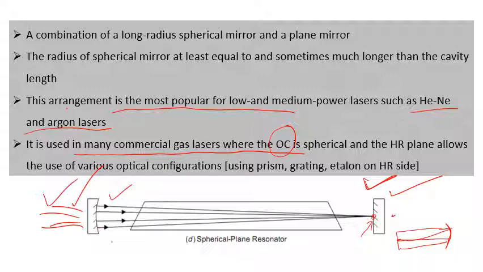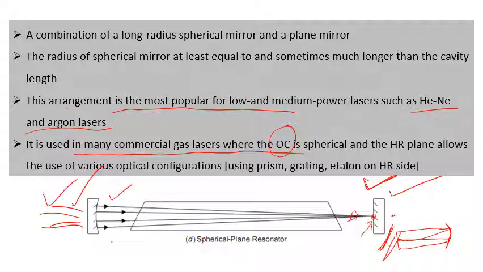Here in place of plane mirror we can also use a grating. We can also use a prism here in between to tune. Okay, and etalon. So if you want to tune, and if you want to choose a wavelength, decide a wavelength and a frequency, then you have to use this arrangement with the plane mirror.